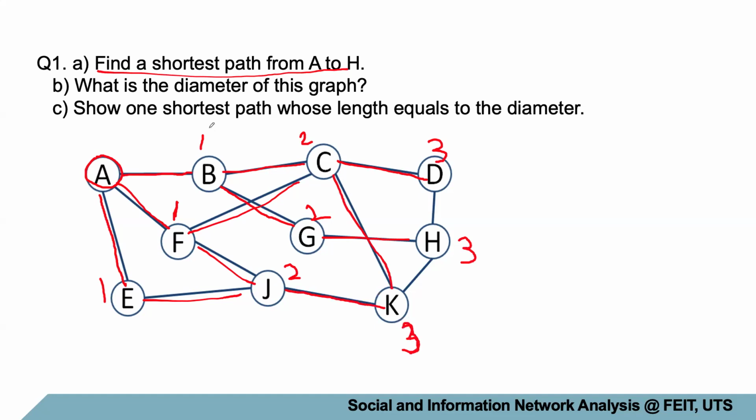So the shortest path from A to H has length 3. You can go back from H: H, G, B, A. So this is the shortest path from A to H with distance of 3. Okay.